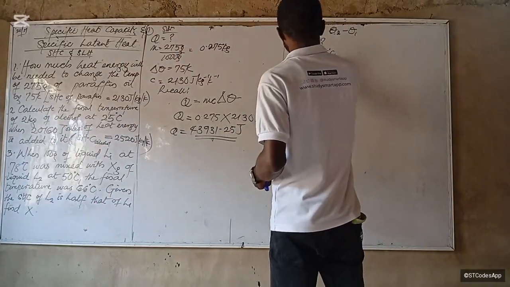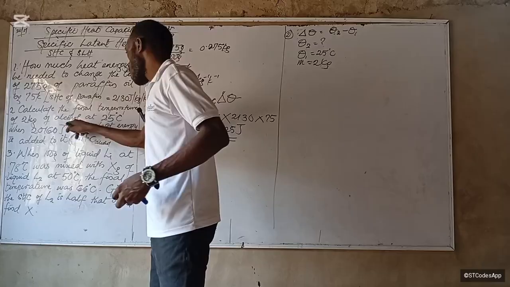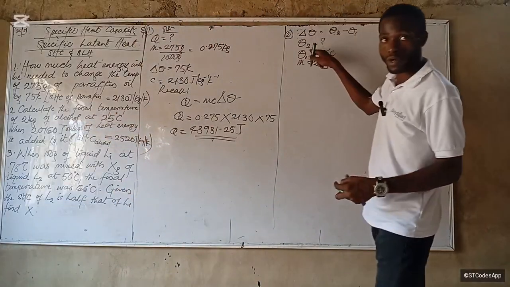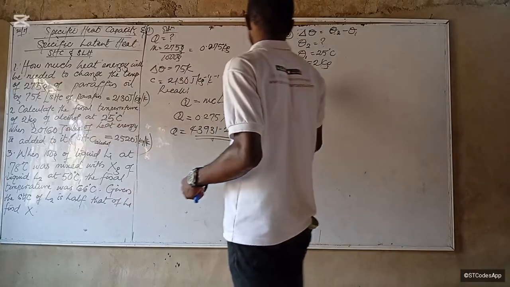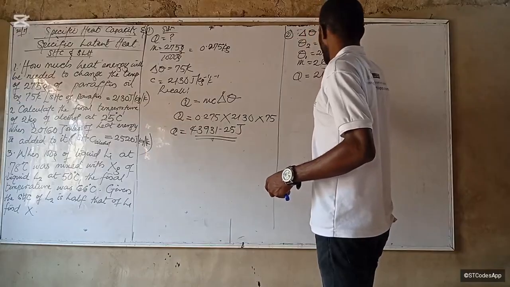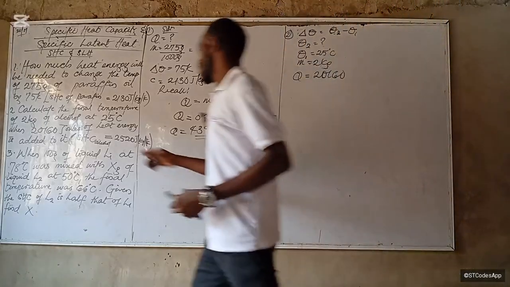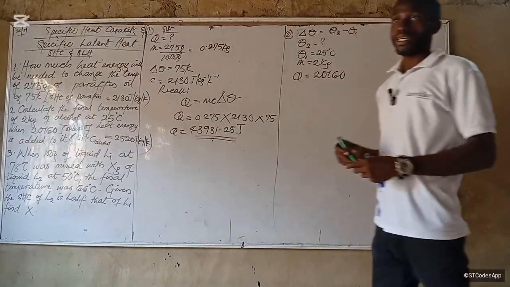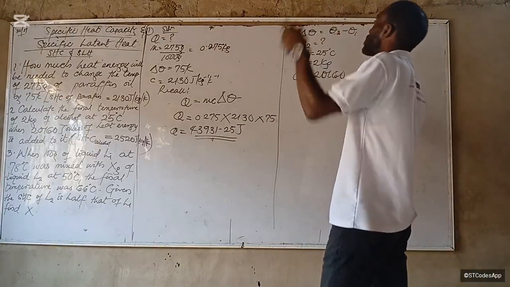The mass is 2 kg of alcohol at 25 degrees Celsius, so the initial temperature is 25 degrees Celsius, when 20160 joules of heat energy is added to it. So Q is already given. We want to know what the new temperature will be.